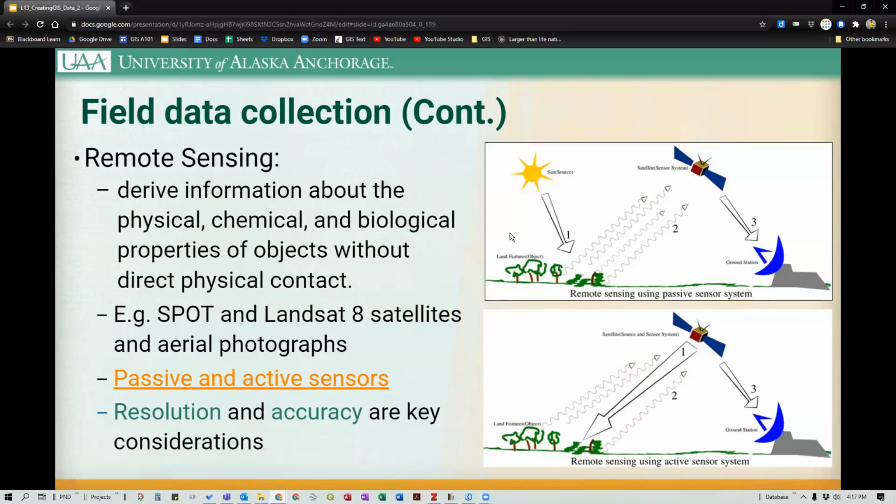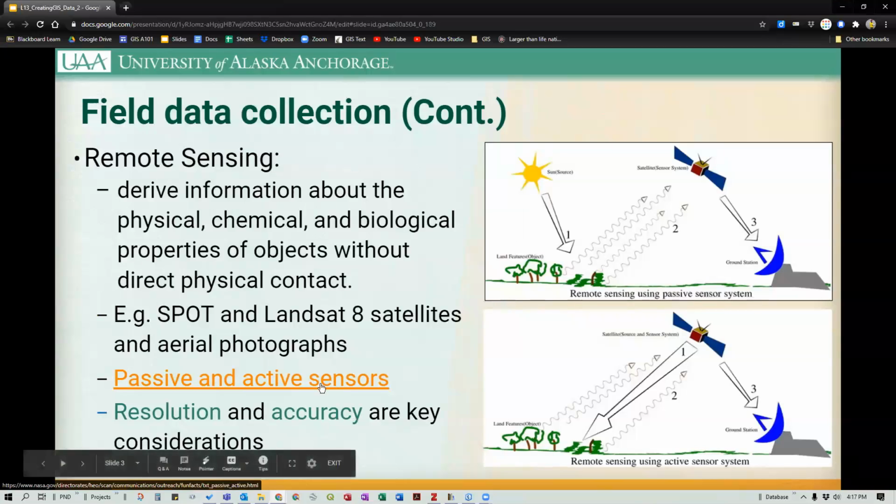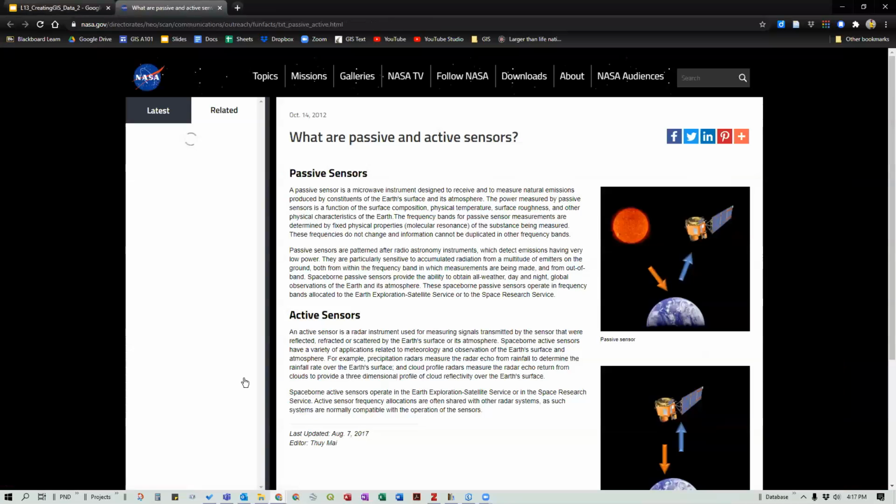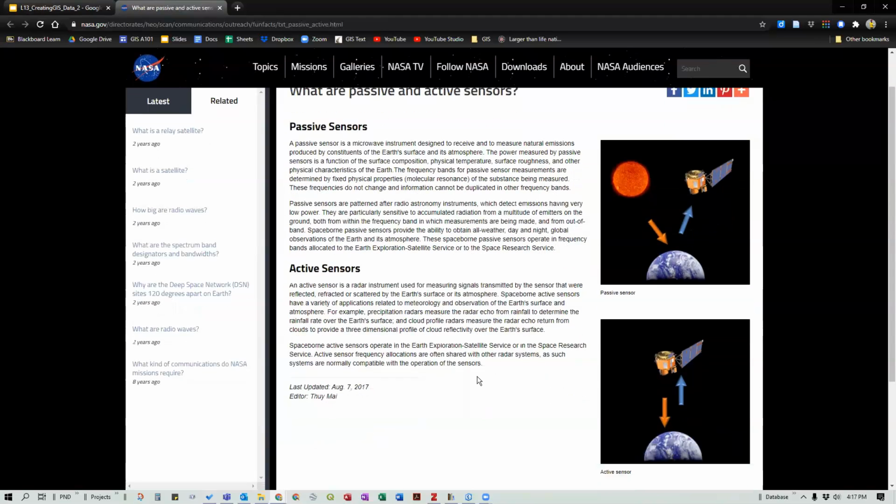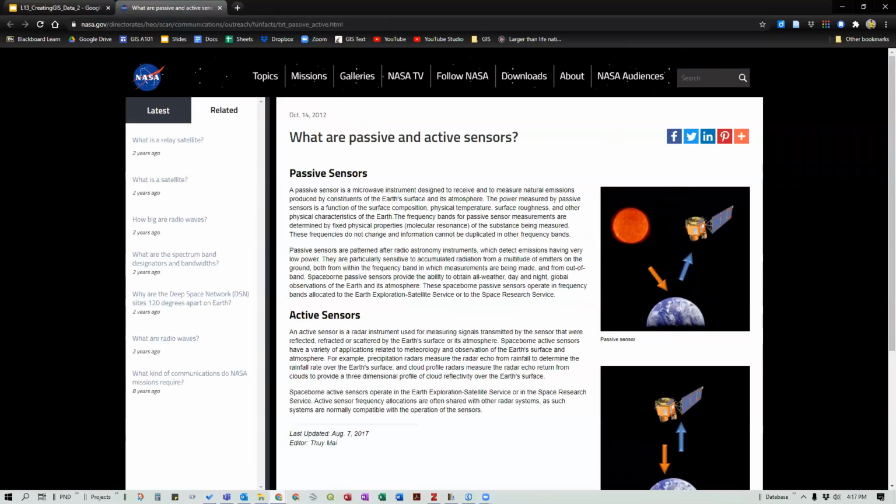Or the satellite may actually send out some sort of source to then bounce back and get information from that source. And I linked an interesting article here that talks a little bit about passive and active sensors that are incorporated in some of NASA's satellites. So if you want to read a little bit more about that, I will have this lecture posted up after the class.